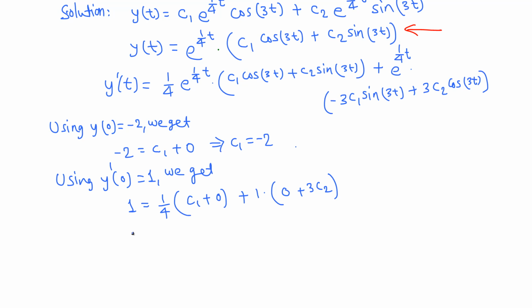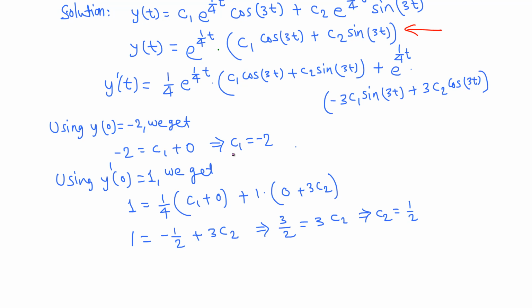So 1 equals 1/4 times c1, c1 is -2, so 1/4 times -2, so -1/2 plus 0 plus 3c2, just 3c2. Move 1/2, so add 1/2 to both sides, 1 plus 1/2, that's 3/2 equals 3c2, divided by 3, cancels, 1/2, so c2 is 1/2.